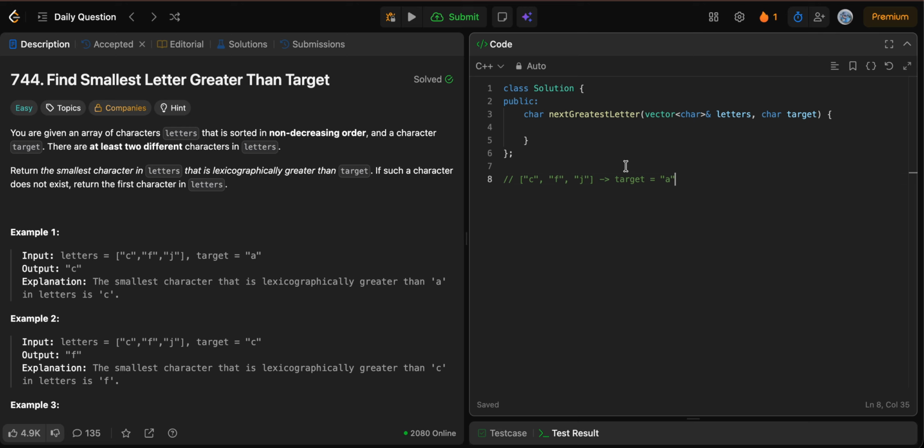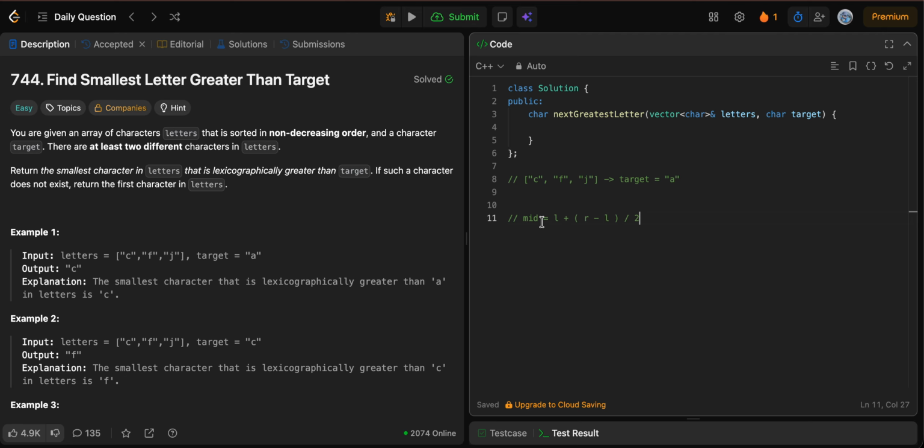In binary search, firstly we find the mid. Mid is equal to left plus (right minus left) divided by 2, that is the mid element.